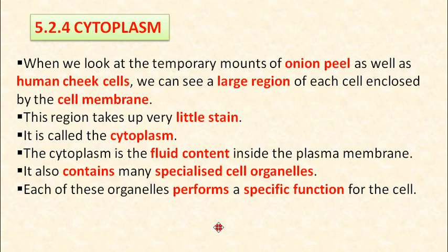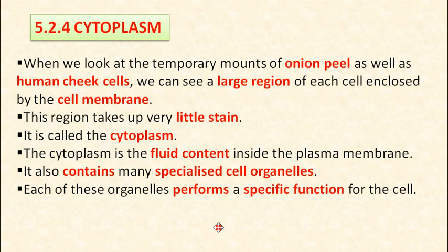The cytoplasm is the fluid content. What is the difference between liquid and fluid? A liquid is only liquid, with no substances in it, but in a fluid there are some substances and complex materials present. So fluid is one type of liquid, but with some substances in it.